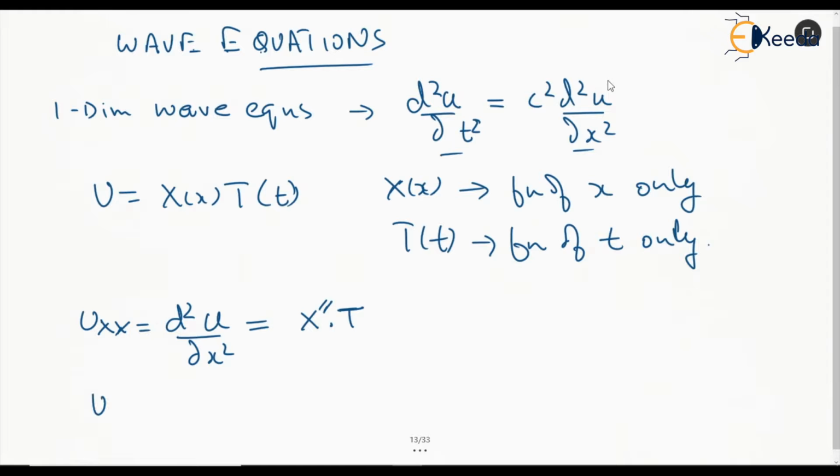Similarly, u tt, d2u by dt square, is given as X into T double dash, right?